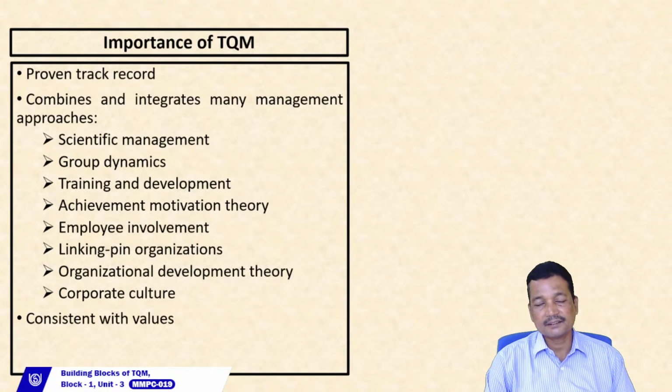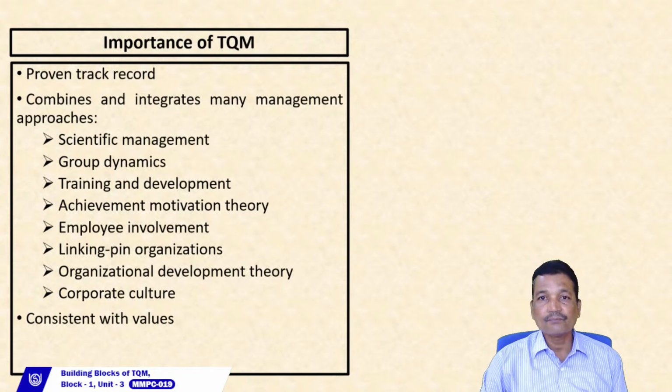Group dynamics. Now, we know that a team is a better team if it works single mindedly. An organization is always a team, it has many minds, and we know that human minds or individual minds will be differing from each other.